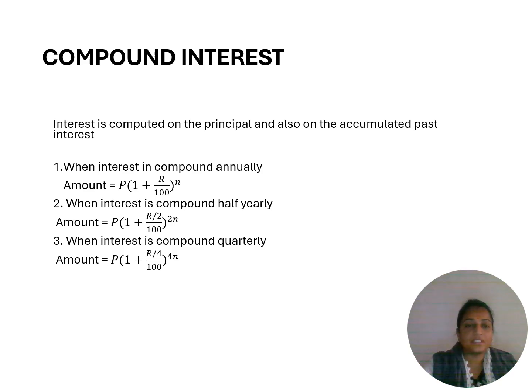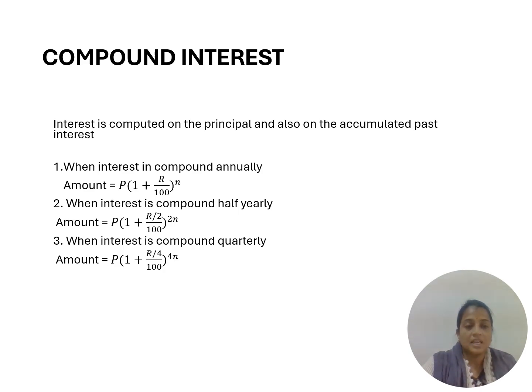When interest is compounded annually, then amount is equal to P(1 plus R upon 100) to the power n, where n is the time period. Second, when interest is compounded half yearly, then amount is equal to P(1 plus R by 2 upon 100) to the power 2n.